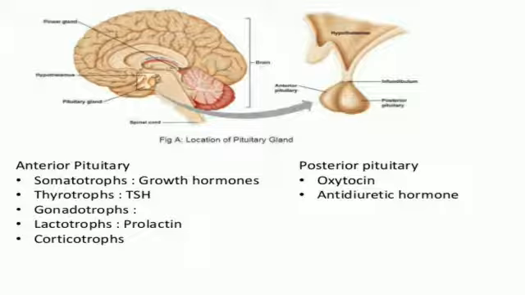A lactotropic cell is a cell in the anterior pituitary which produces prolactin in response to hormonal signals including dopamine, which is inhibitory, and thyrotropin releasing hormone, which is stimulatory. And the last is the corticotropes. Corticotropes are basophilic cells in the anterior pituitary that produce proopiomelanocortin, which undergoes cleavage to adrenocorticotropin.